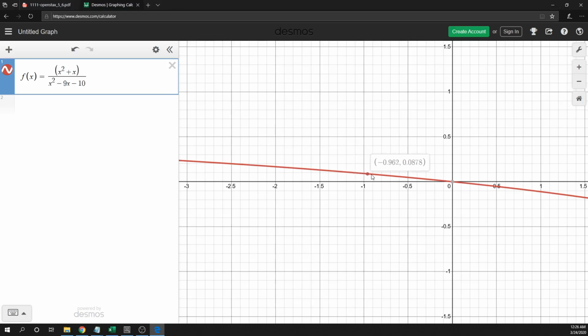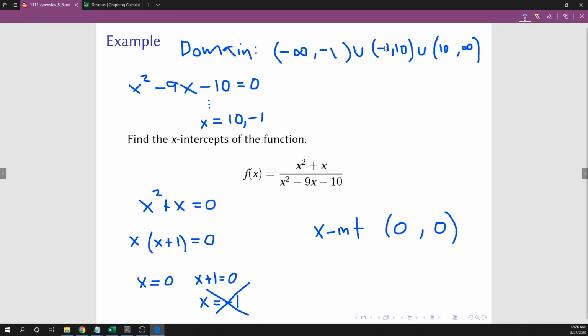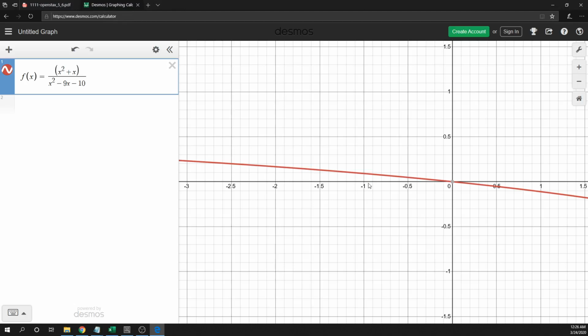All right, so even though -1 was a solution of the top, because it was not in the domain of this, it can't be an x-intercept, and you can see, sure enough, the graph reflects that. In fact, what is going on there is a tiny little pinhole in the graph right here. That's very, very hard to see, right? If you didn't know that that pinhole was there, then you would just think the graph looks normal there.